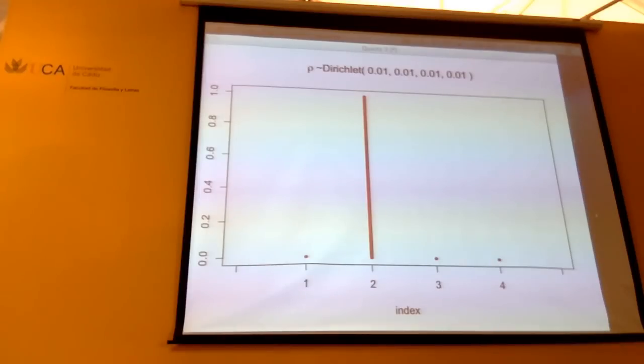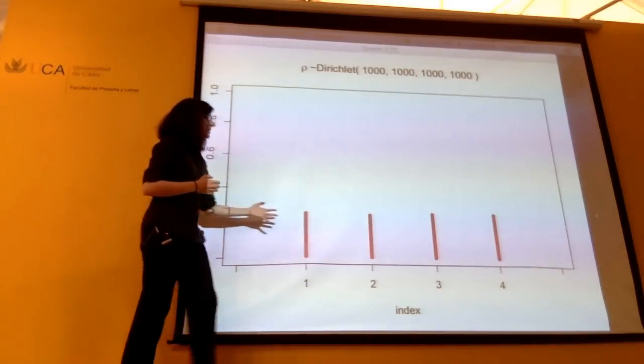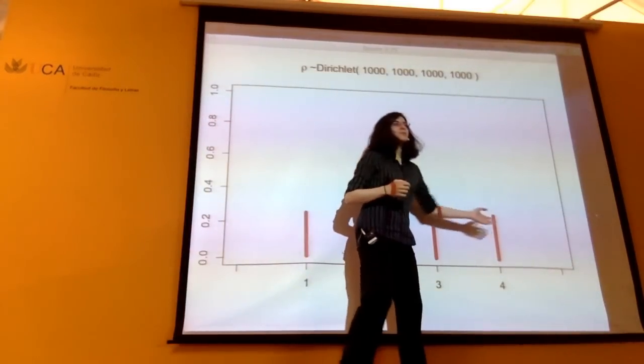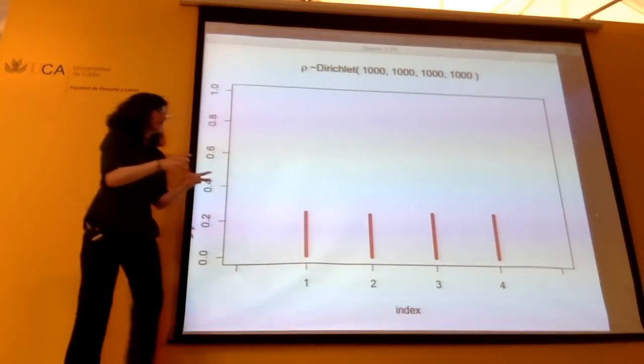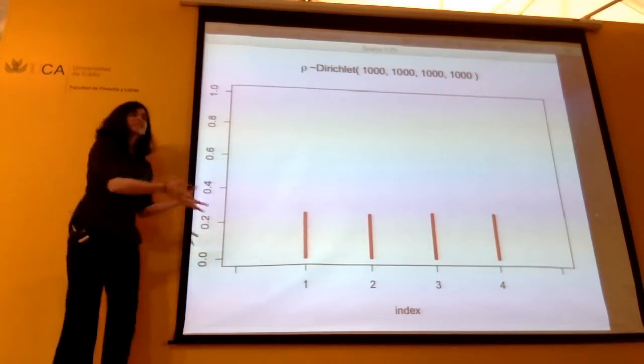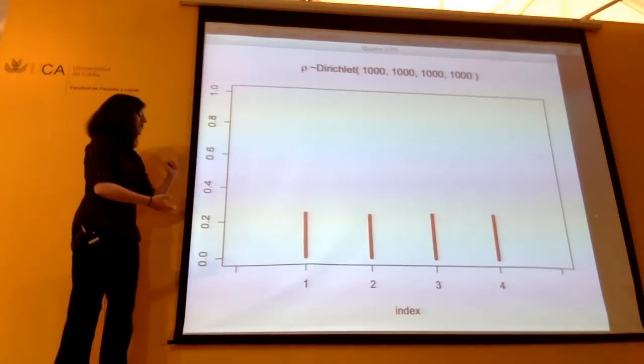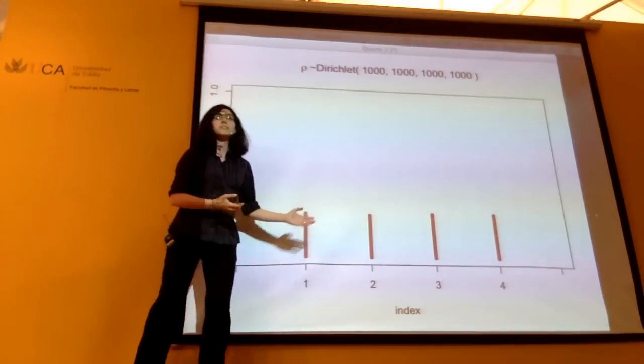Now let's try very large A's, and it's what we said happened on the previous slides, that it looks like we have a uniform distribution, and again, there's this distinction. We're saying that we're drawing a distribution randomly using the Dirichlet. That distribution that we're drawing, in this case, when all of the A's are very large, is itself uniform or nearly uniform.